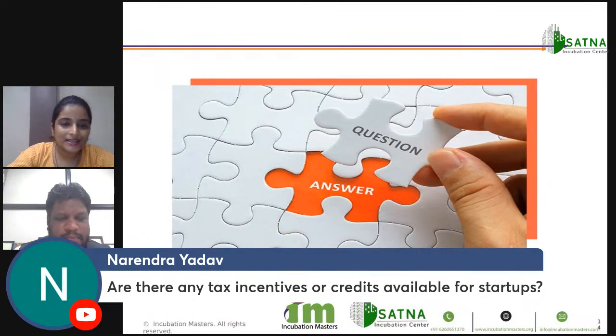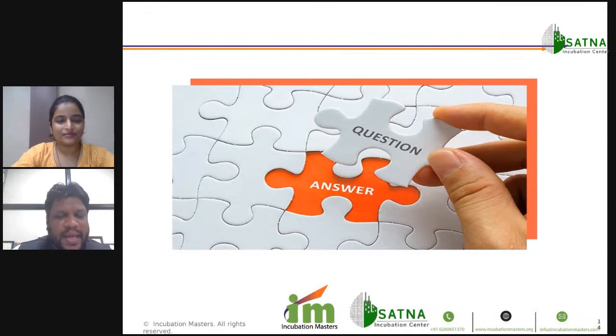Are there any tax incentives or credits available for startups? One other thing you can opt for is to register yourself under MSME. For that you can avail finance or loans from the banks, because under the MSME criteria there are a lot of schemes under which you can get loans from banks.